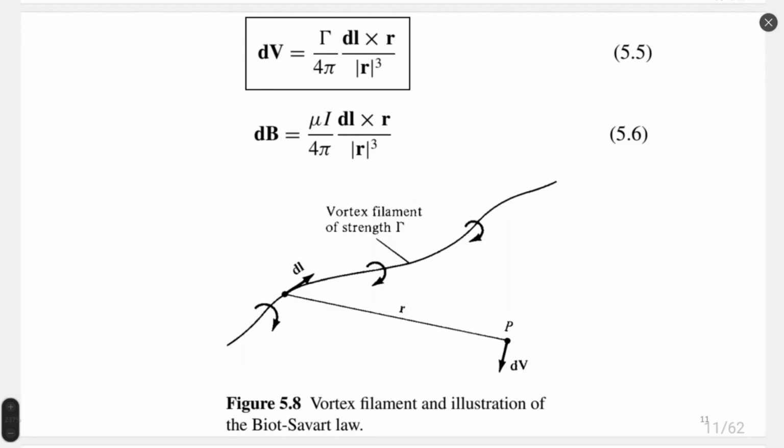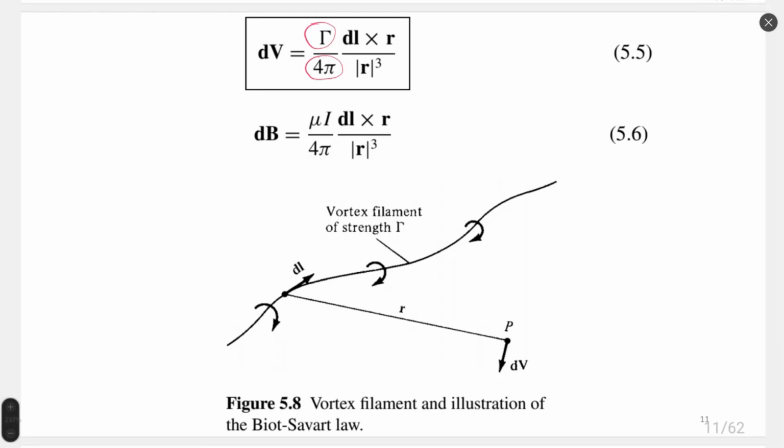So let's see that velocity at any arbitrary point P will change due to the presence of a vortex of constant strength gamma, or circulation of the vortex, right?